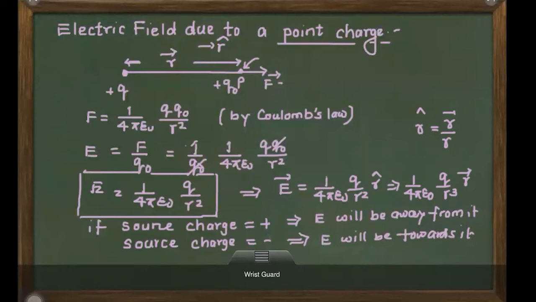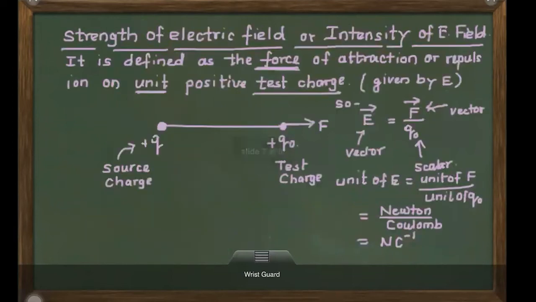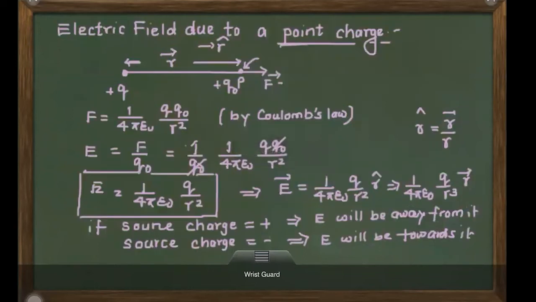So two important facts we should note here. What will be the value of electric field? Commonly, E is equal to F upon Q naught. But if we are taking a point charge, then its value can be written in the form E is equal to 1 by 4 pi epsilon naught Q upon R square.